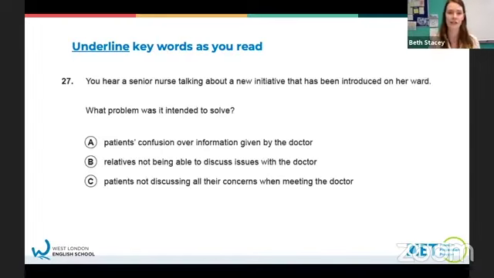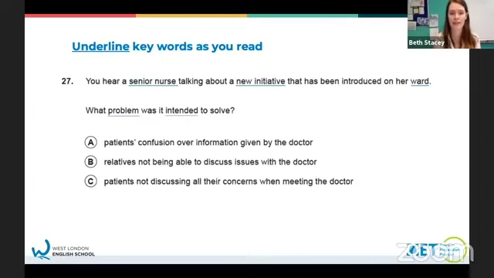I'll just give you a second to read through this question. So as you're reading, if it were me, I would say you hear a senior nurse talking about a new initiative that's been introduced on her ward, okay?